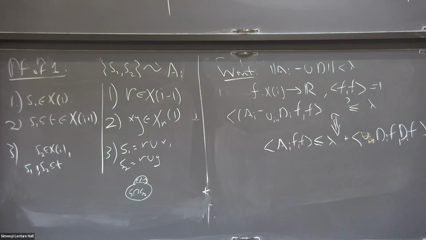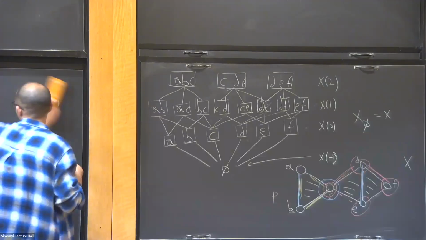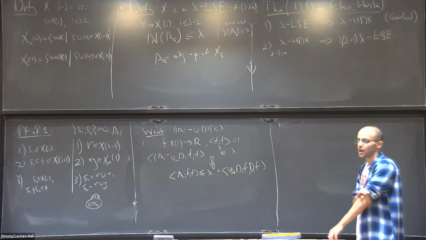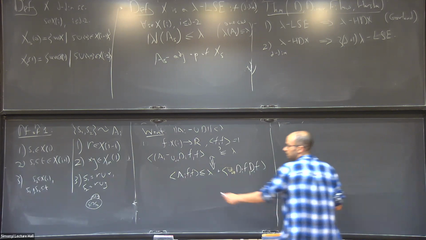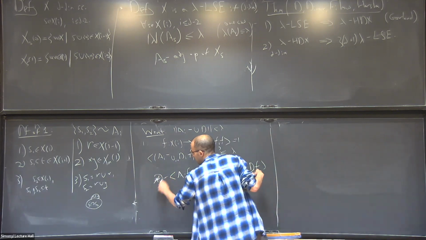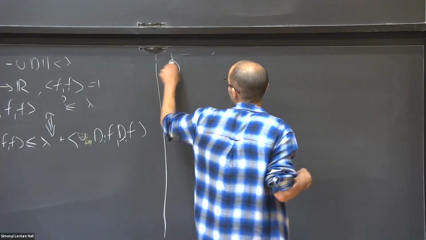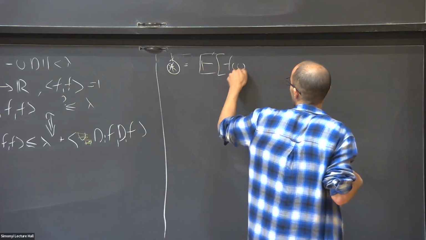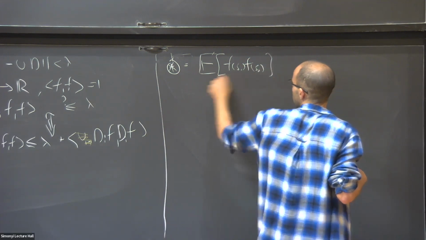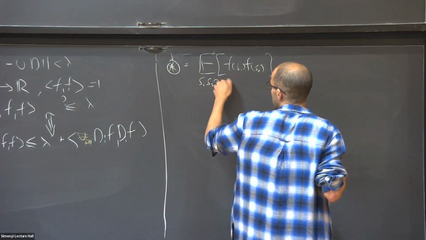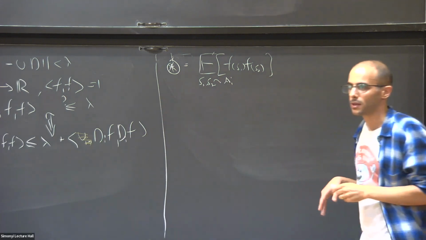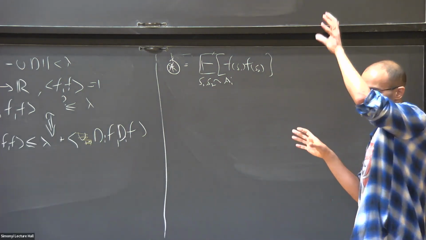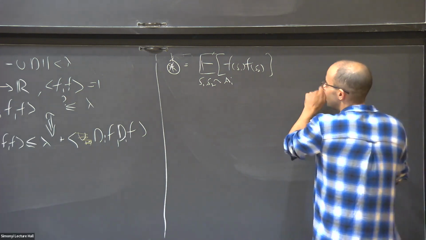So now the whole point, as Avi said, is that we're going to, at least morally, average out over the adjacency operators of the links. We start with the inner product of A_i f with f, and we remember that this is the expectation of f(S1) f(S2), where S1 and S2 are a random edge according to this walk. When I say a random edge, I mean a random pair of i-faces that have an (i+1)-face and so on.